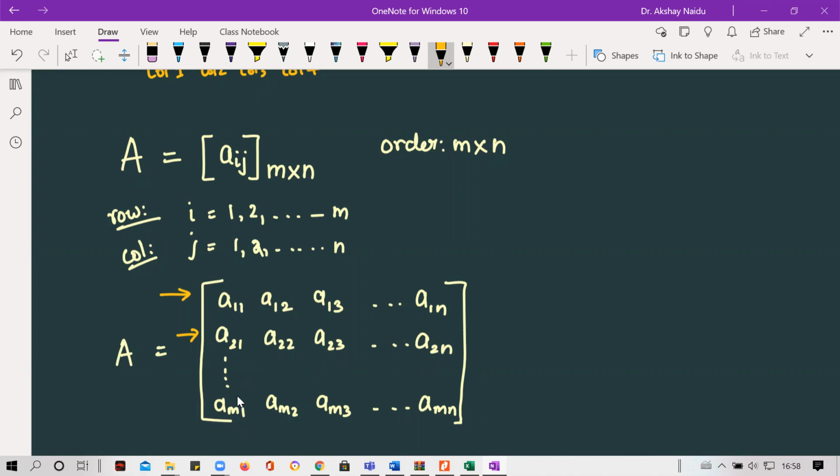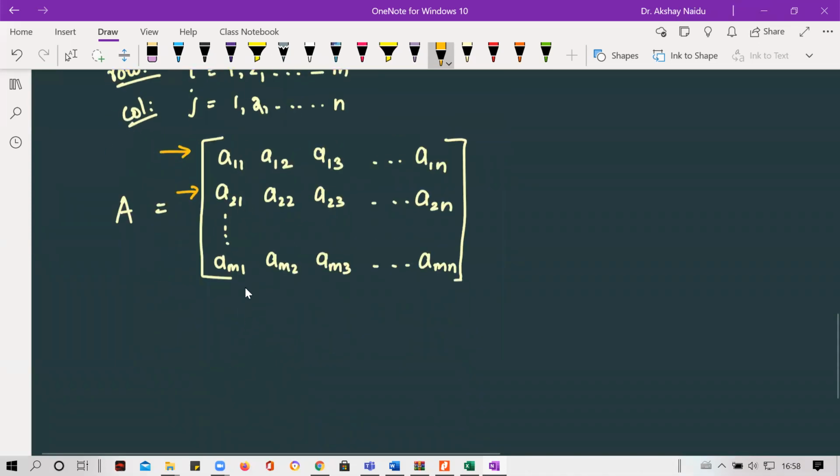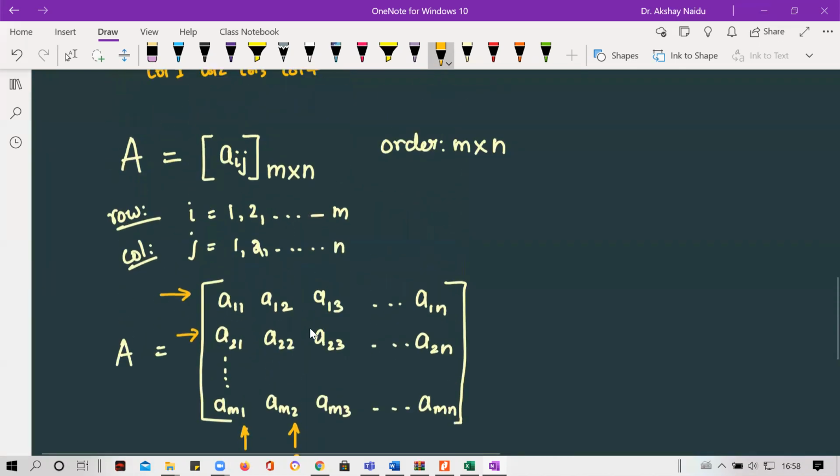So these are m rows and n columns. For columns, the second subscript represents the column: column 1 has 1, column 2 has 2, column 3 has 3, and the last column has n. So Aij, i and j are the two subscripts for this notation. So that is a matrix.